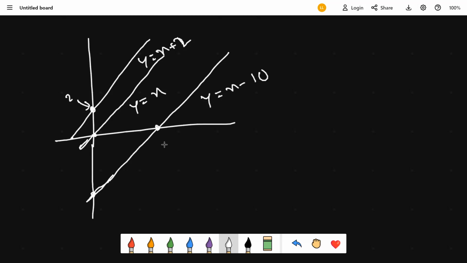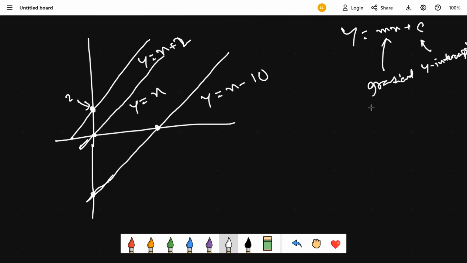Can you find the gradient of each of these equations? Don't overthink, just use the normal formula. Remember, what is the straight line equation? y equals mx plus c, where c is the y-intercept and m is the gradient.